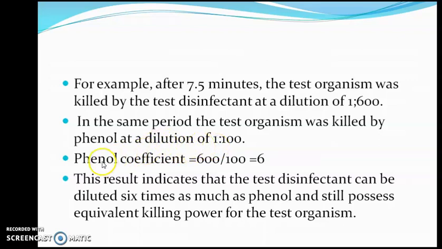So we can calculate the phenol coefficient by dividing the dilution of the test disinfectant by the dilution of the phenol, that is 600 by 100, and we will be getting the answer as 6. And this result indicates that the test disinfectant can be diluted 6 times as much as phenol and still possess equivalent killing power for the test organism.